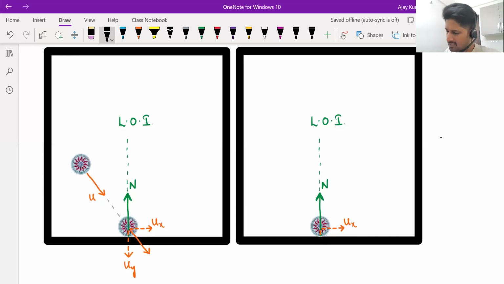So after collision, the component along the line of impact, let's say it changes to this. It will have some velocity in the Y direction, and the X component will stay as it is because there was no force acting along the frame. There's no friction, so the X component will not change. The Y component will have changed.